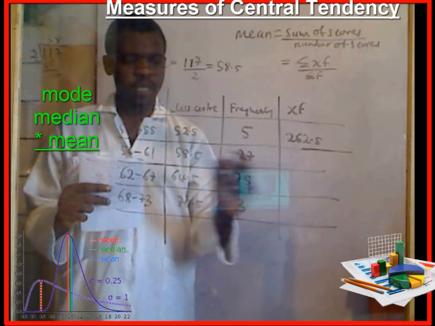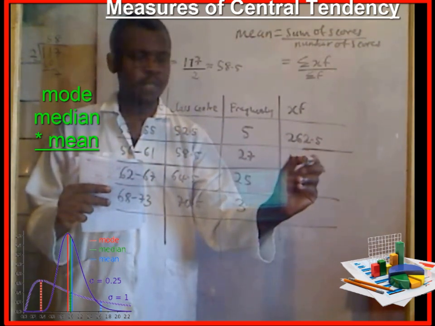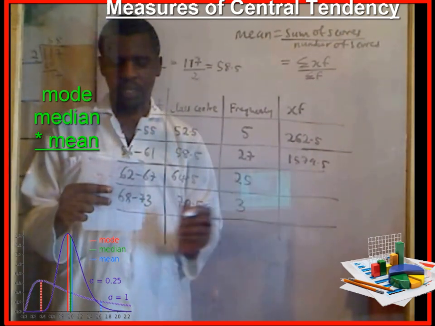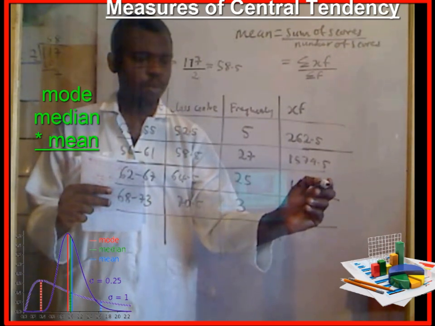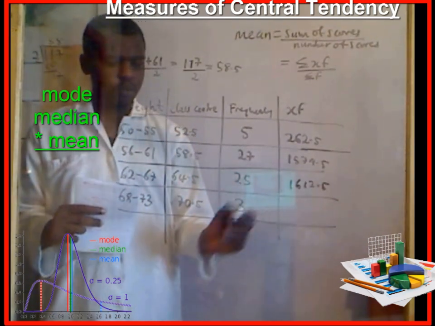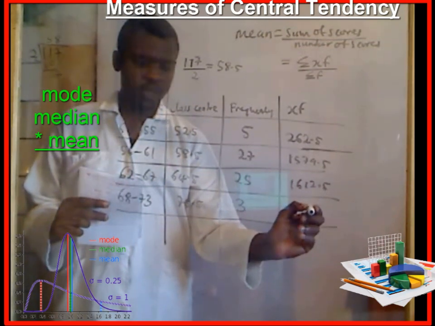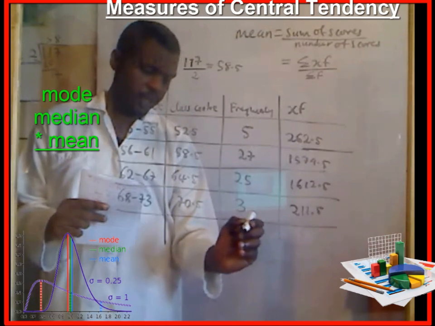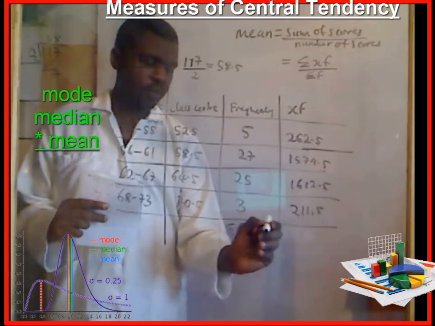This, multiply this by this, gives 1579.5. Multiply this and this, gives me 1612.5. Multiply this and this, gives us 211.5. So the sum of my frequencies there is equals to 60.